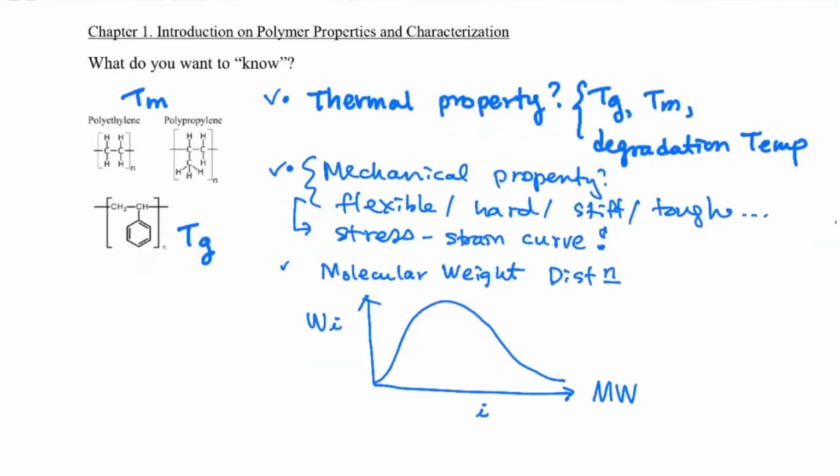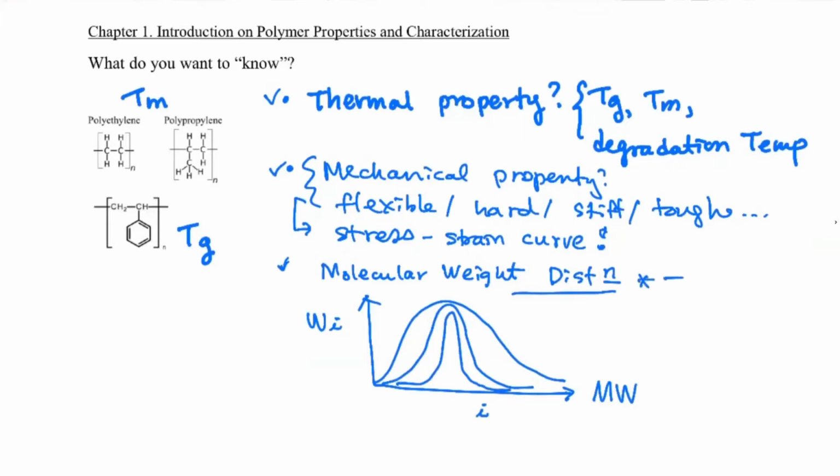So think about some polymer that has a narrow molecular weight distribution, very narrow. Some polymer has a very broad molecular weight distribution. They do not have the same physical property, mechanical property, even thermal property cannot be the same. So molecular weight distribution is something that we need to know.